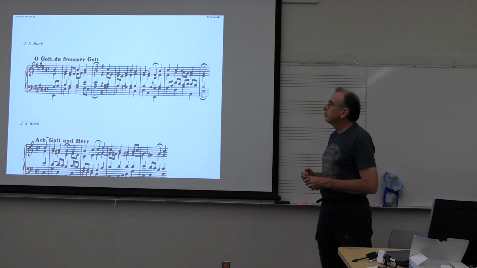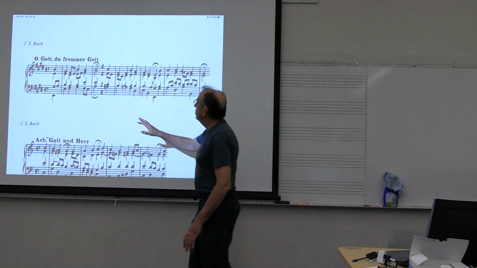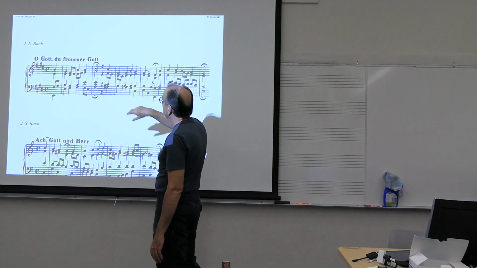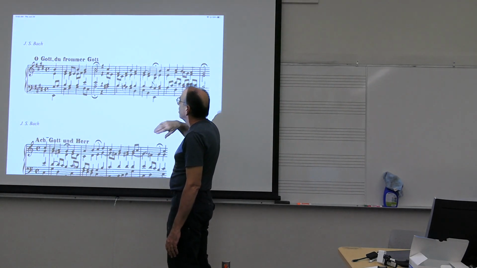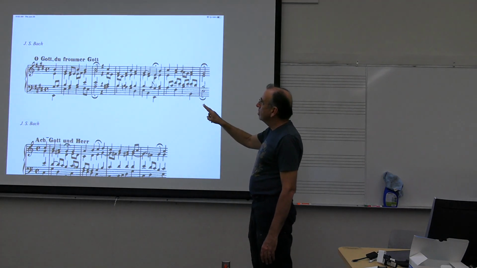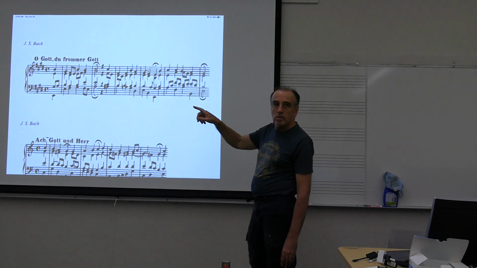Okay, so I want to do an analysis of this example from a Bach, at least up to a certain point. But I want to start off by doing two things. One, what key are we in?